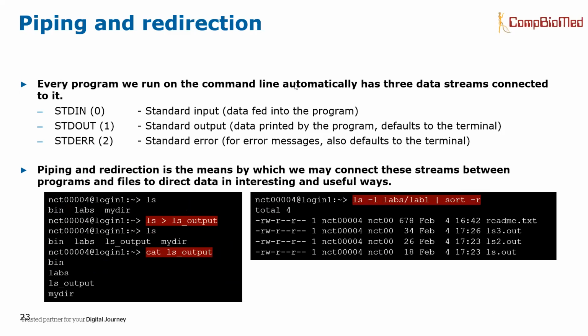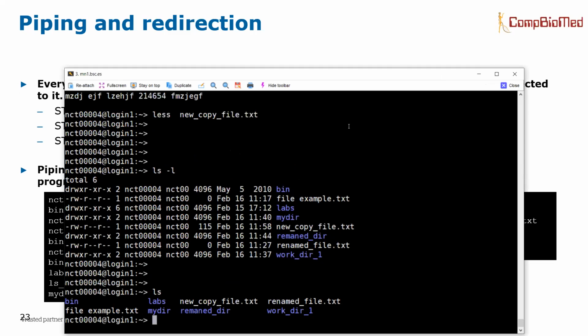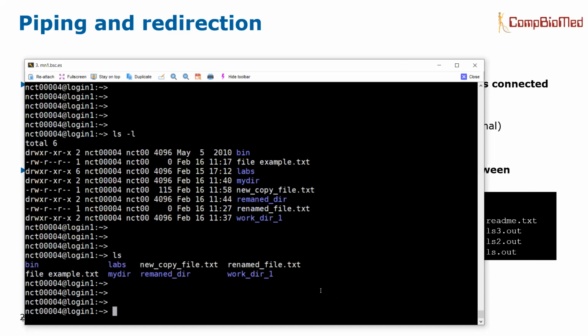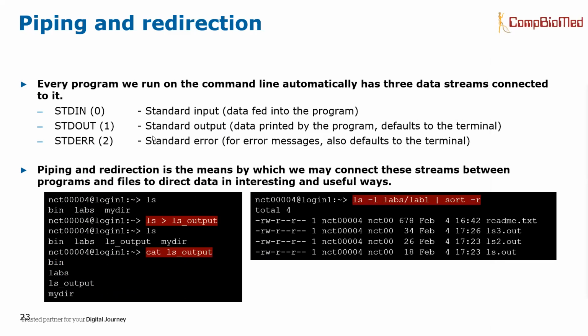If you make a mistake, the message that you will get is an error. For example, I know that I don't have a directory called okba, but if I do ls okba, I will get an error output saying that I cannot access okba because it doesn't exist. So this can be categorized as the standard error output message.